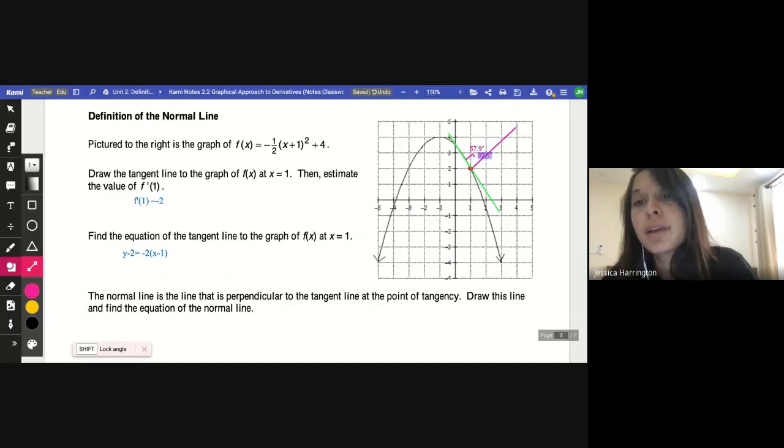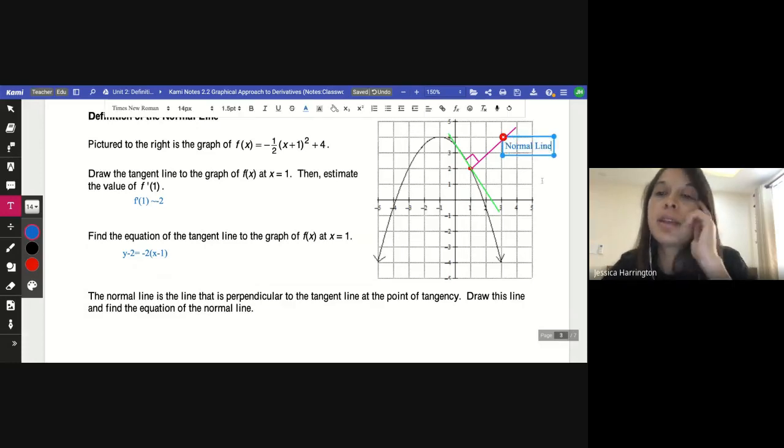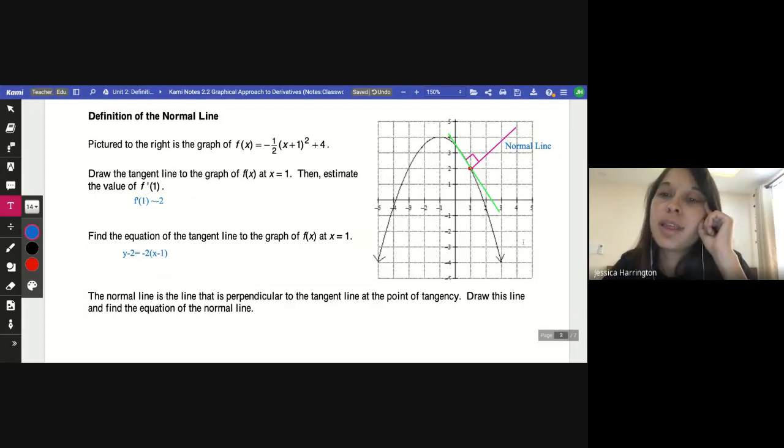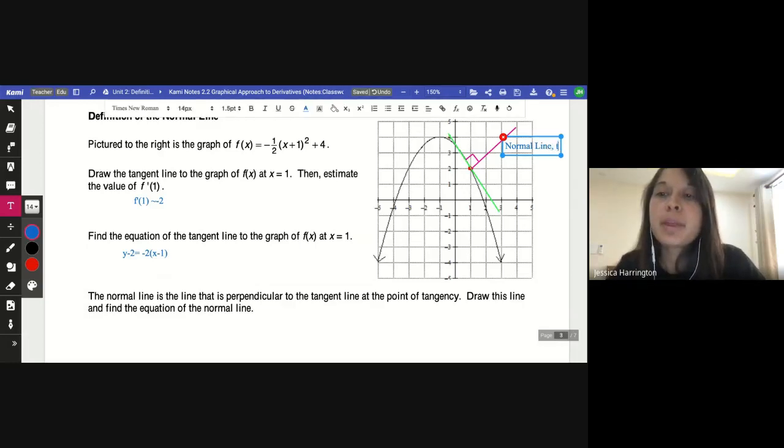Here's a tangent line. This pink line is a normal line because it's perpendicular to the tangent line. And I'm going to write that because my words are all messed up today. Normal line. It's perpendicular to the tangent line.